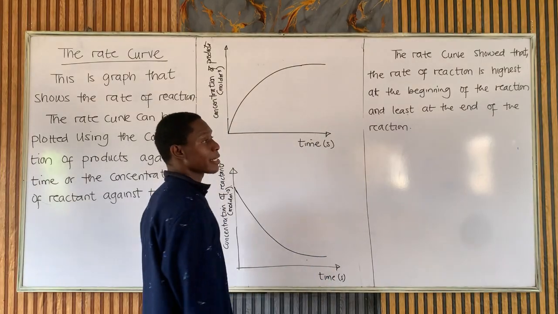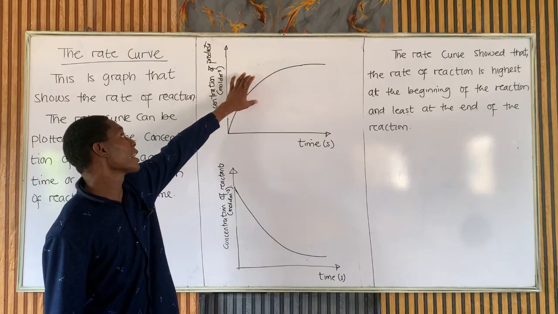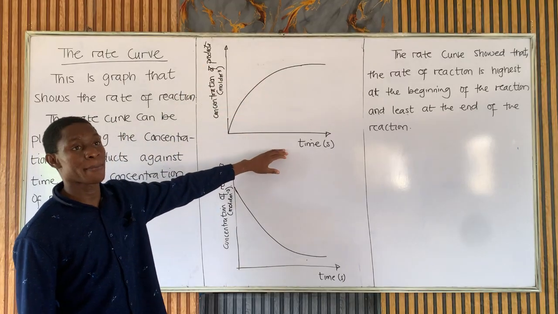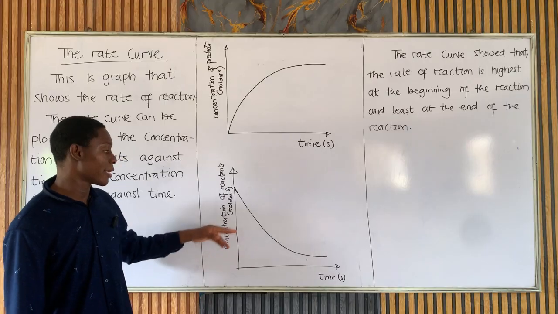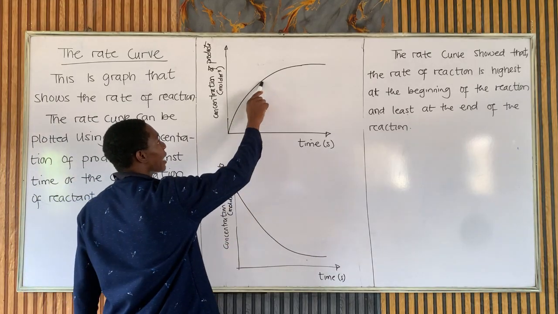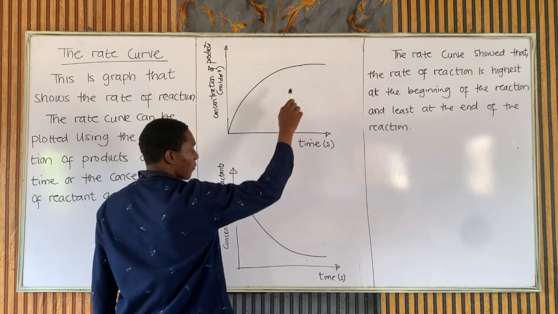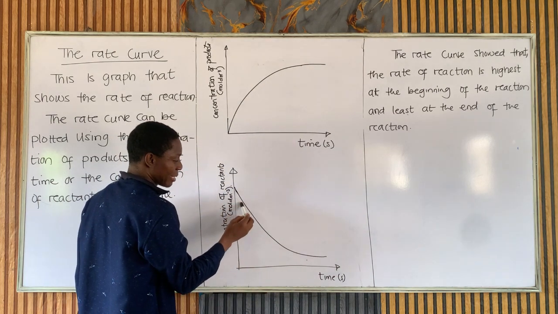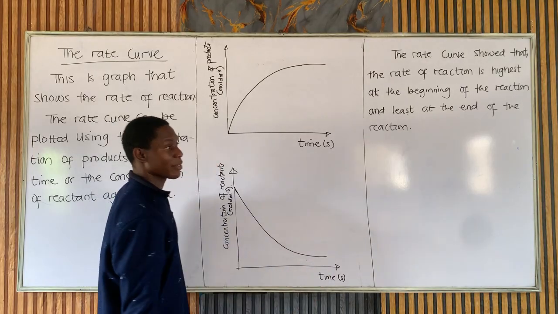This is how the curve looks using the concentration of products against time. And if we are using the concentration of reactants against time, the curve will look somewhat like this. We can see that it's increasing here and almost no increase towards the end of the reaction, and it's decreasing here and almost zero towards the end of the reaction.